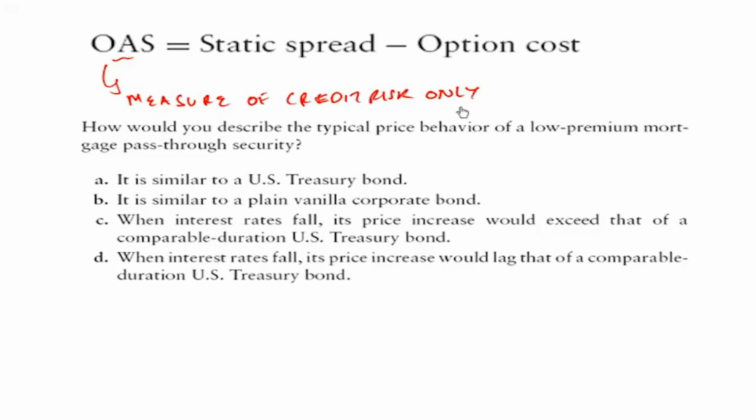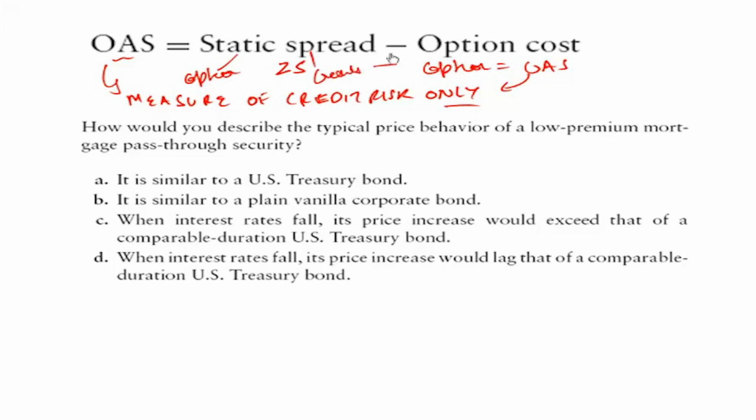So whatever was the zero volatility spread, from that Z spread, we would have to reduce the cost of the option or the value of the option, and the remaining spread will be a measure of credit risk only, because right now this spread is high because it has two components. It has an option and it has credit risk.